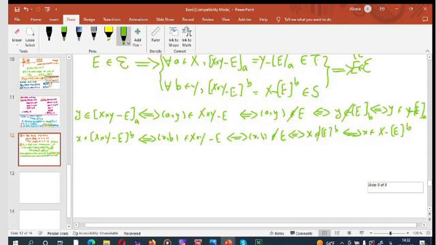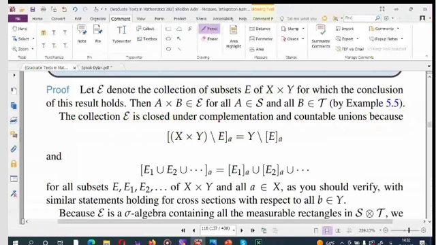Also, E is closed under countable unions, because we have this equality.